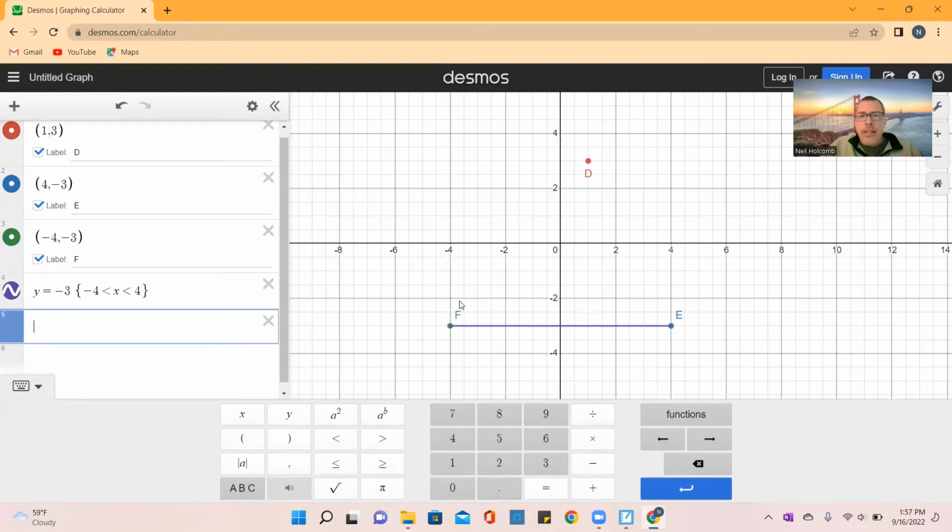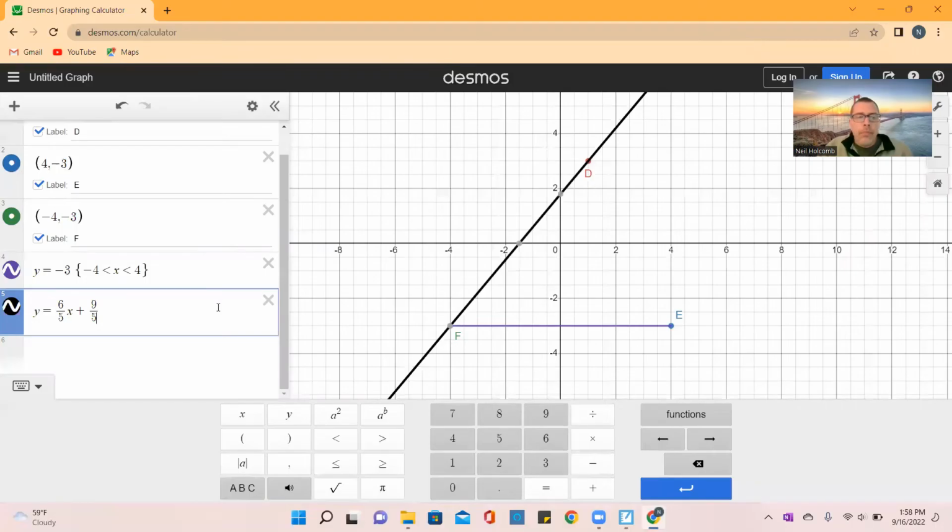Okay. The other ones aren't as easy. You've got to find the slope and the y-intercept. And so I'm just going to do that off screen so I don't bore you. Okay, so I use the 2 points to find the slope, and then I plug the slope and one of the points for x and y to find b, and I got y equals 6/5 x plus 9/5.